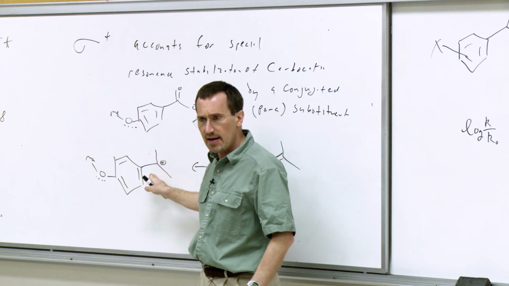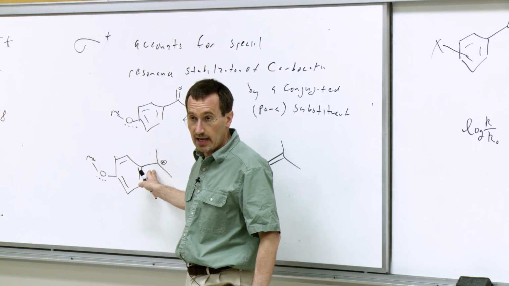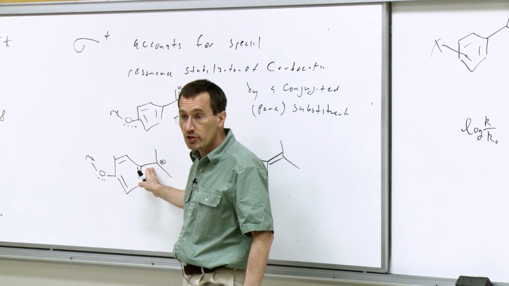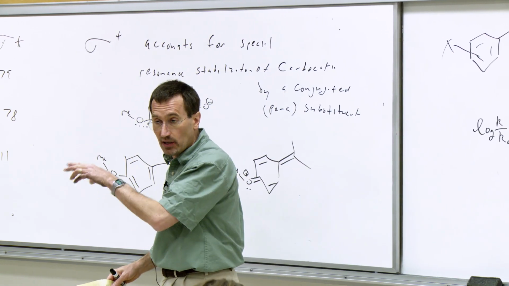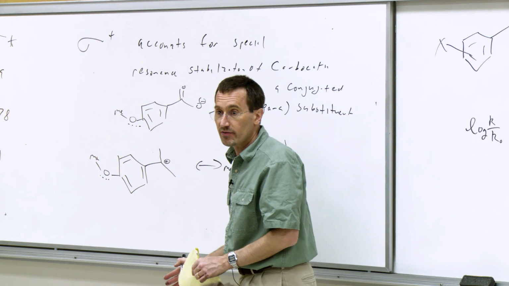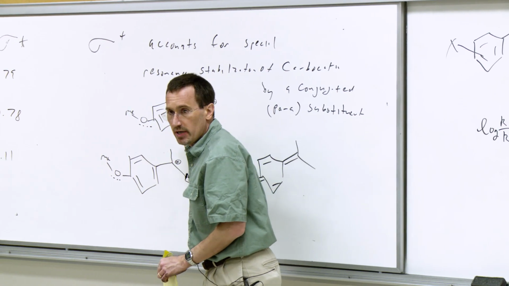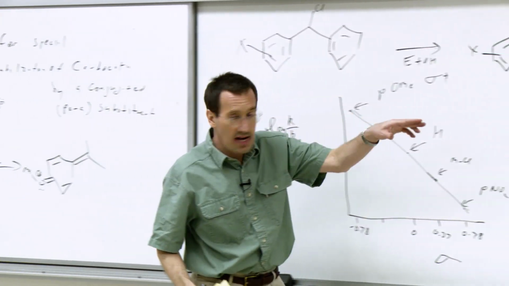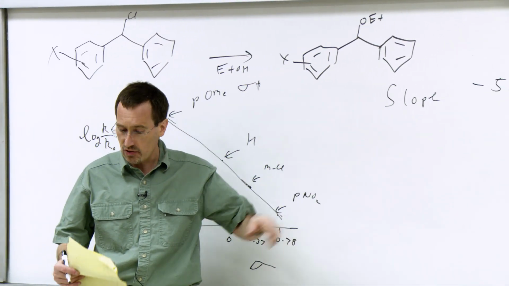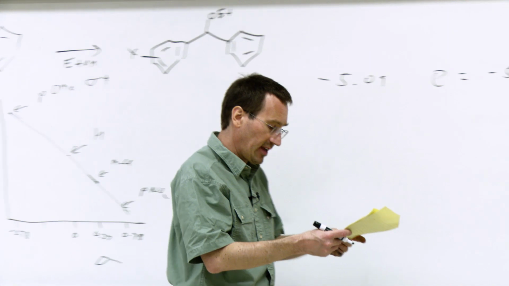It's getting bigger stabilization or destabilization, so the magnitude is large. And the slope is negative. It's opposite the effect we had in stabilizing the negative charge. A nitro group is good in stabilizing the negative charge, but a nitro group is terrible for the positive charge. And so that's the significance.